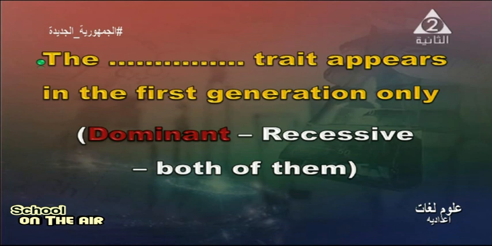But in the second generation, as per Mendel's law, the dominant and recessive traits will appear in the ratio 3:1.